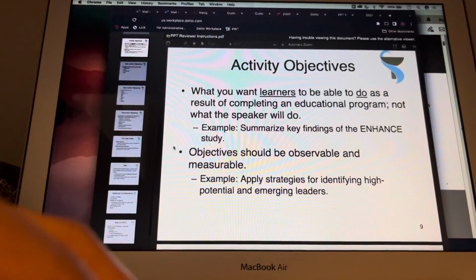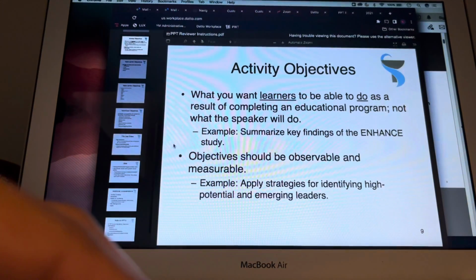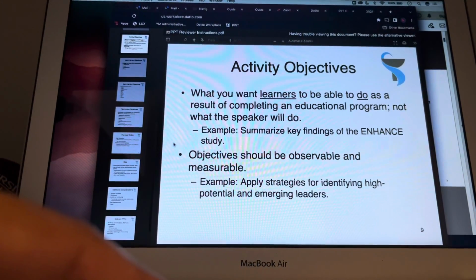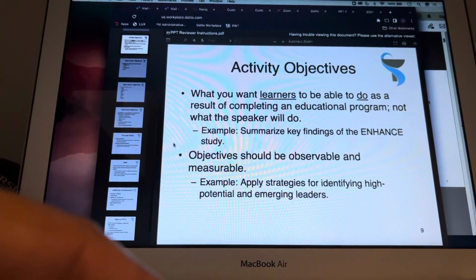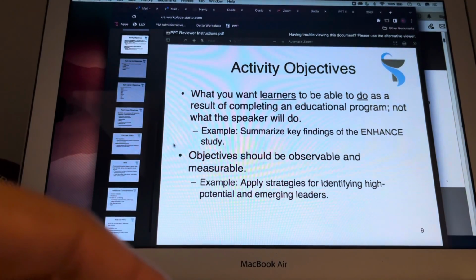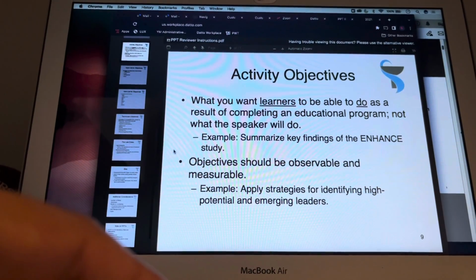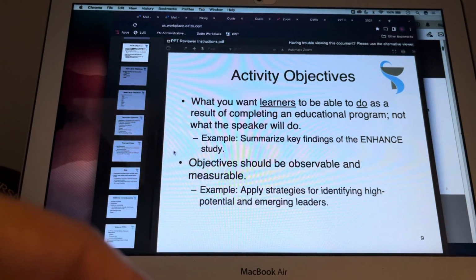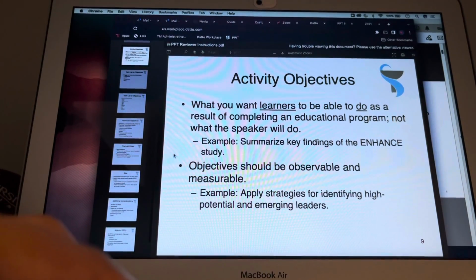So those are some of the loopholes and the issues that we're trying to resolve as we are improving our ACPE accreditation status. So what do you want learners to be able to do as a result of completing an educational program? Not what the speaker will do. So for example, summarizing key findings of the ENHANCED study.